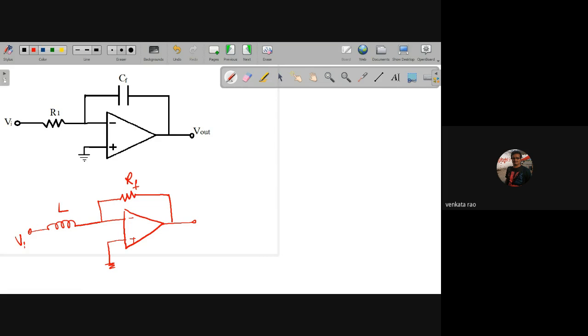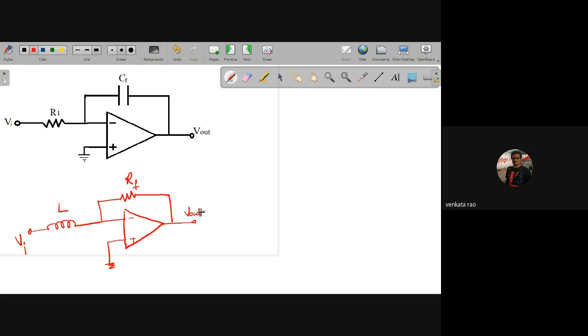Now, what is this circuit? Which circuit is it? To get the idea, you have to deduce a relation between input and output.